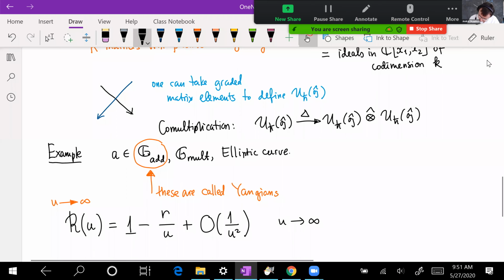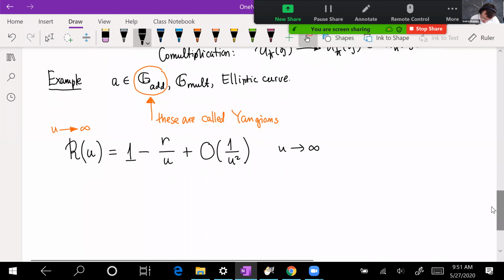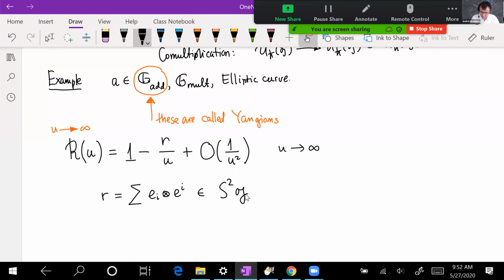The connection with the Lie algebra is that this R will be a canonical element sitting in the symmetric square of some Lie algebra G, a Lie algebra with a nondegenerate invariant form.